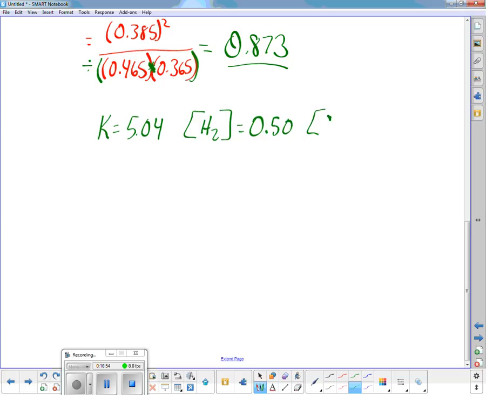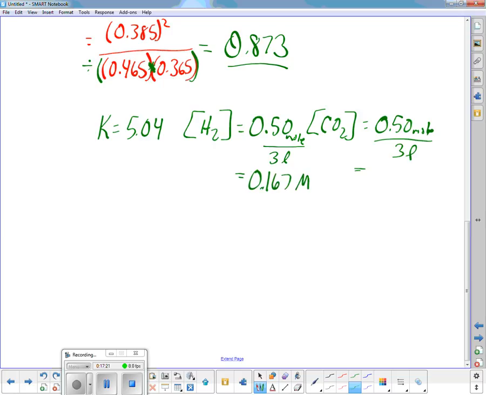Concentration of CO2 was? 0.5. And we were in 3 liters, right? This was moles. That was moles. So if I take each of those and divide them by 3, then I'll have concentration. Okay, so do that. Let's do concentration. 0.167. And that now is concentration.